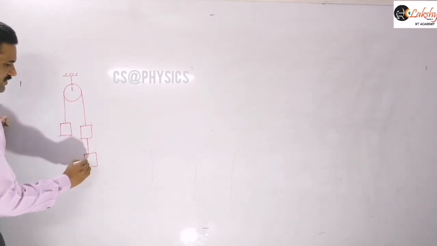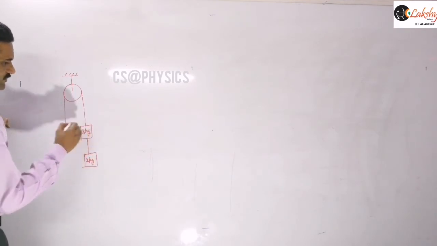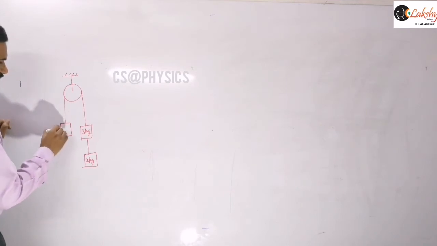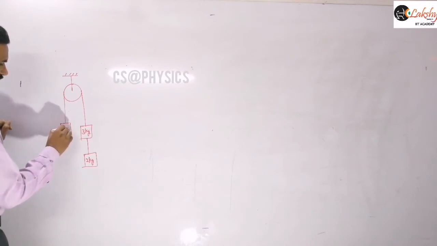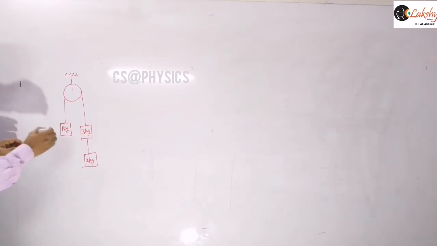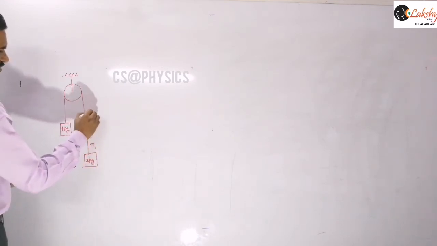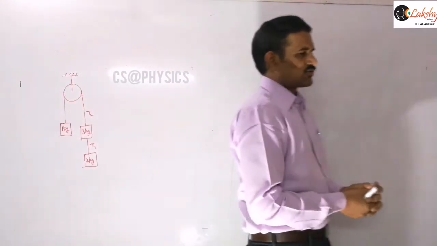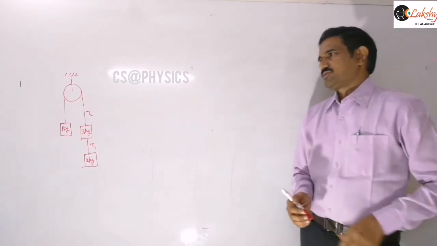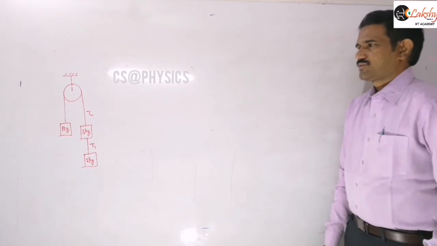Let us take this as 2 kg and this as 3 kg, and this side as a 1 kg block. This is the system, and suppose this tension is T1 and here the tension is T2. Find the tensions in the strings T1 and T2 in the system shown in the figure.